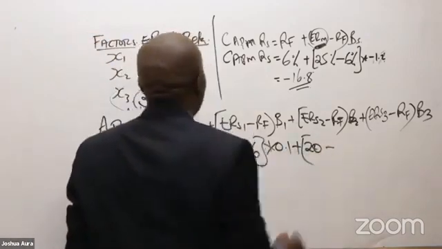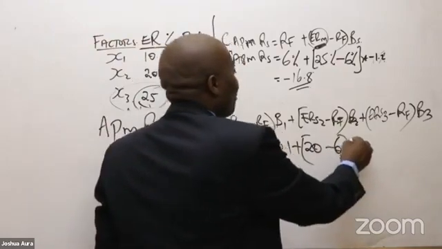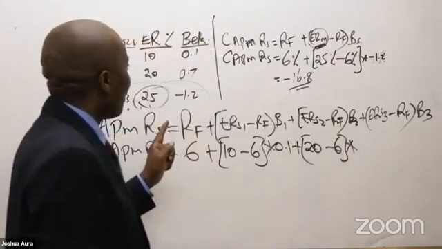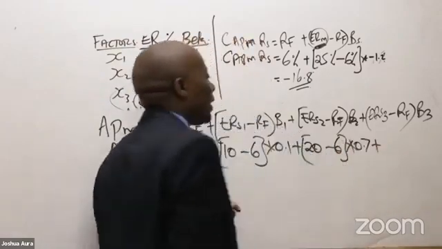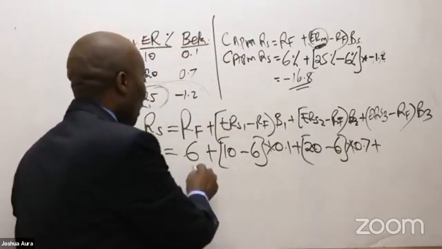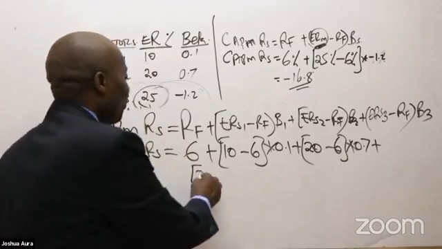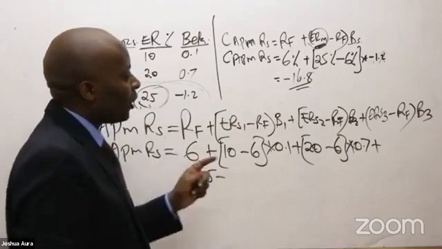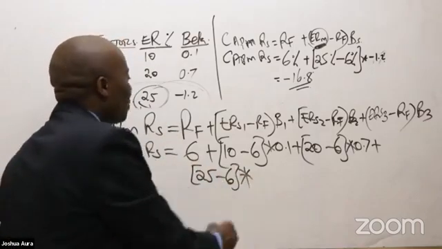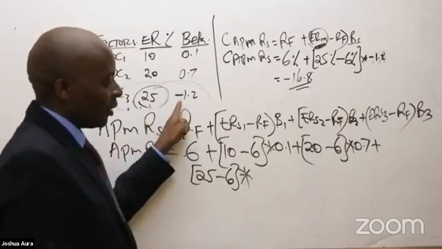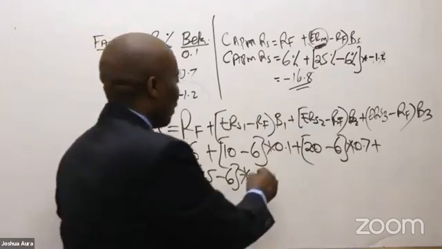So 20 minus 6, multiplied by beta 2, which is 0.7, plus expected returns of security 3, which are 25. So 25 minus risk-free, which is 6, multiplied by the beta of 3, which is negative 1.2.